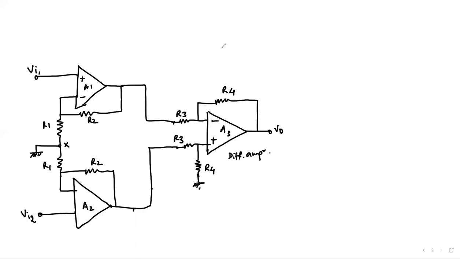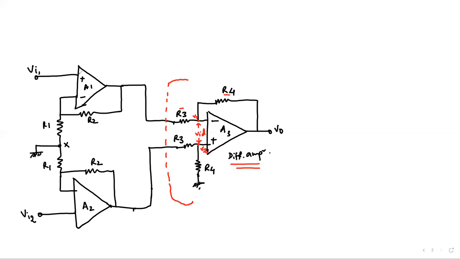Okay. So this block right over here is our differential amplifier. And the gain of this amplifier, we know that this R3 and R4 are the gain setting resistors. Right over here, this is VID, the differential input voltage, the difference between V1 and V2.